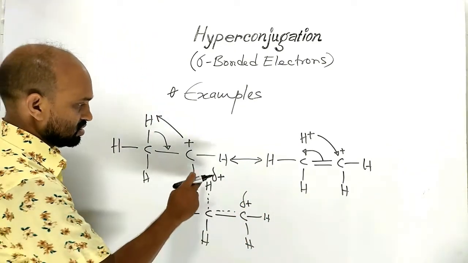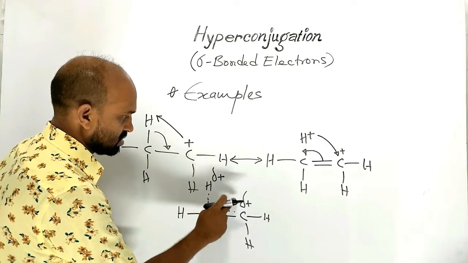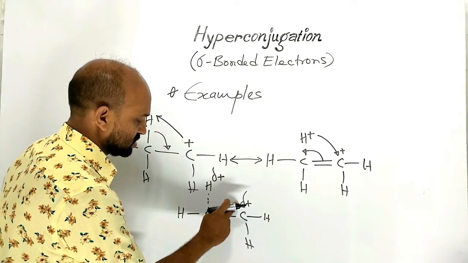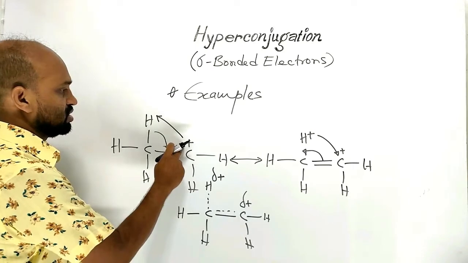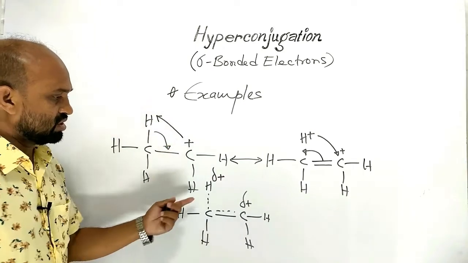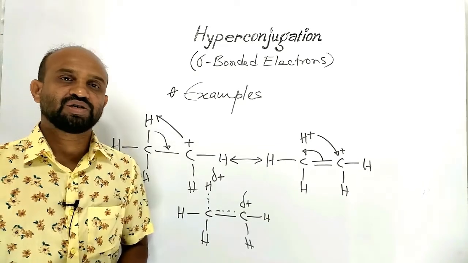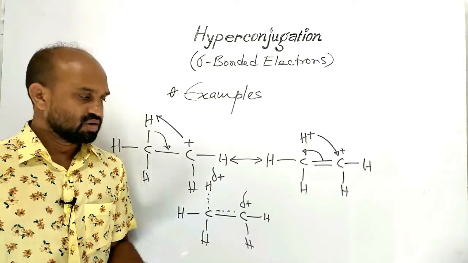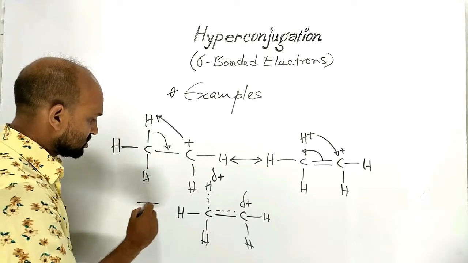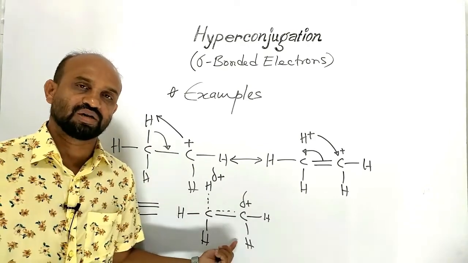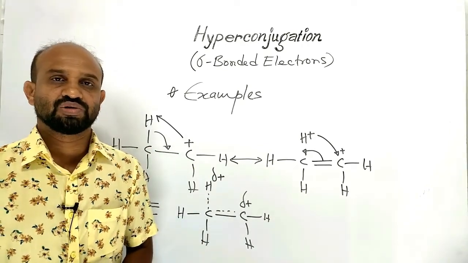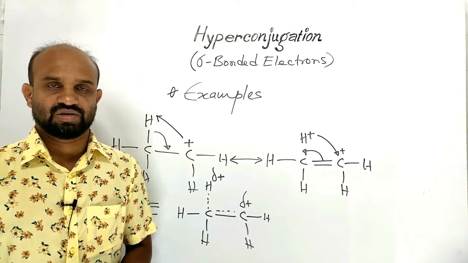That is, this partially positive charge and this partially positive charge form a complete charge. That is why here both the atoms carry partially positive charge, and this is the resonance hybrid of ethyl carbocation which is formed because of the effect of hyperconjugation.